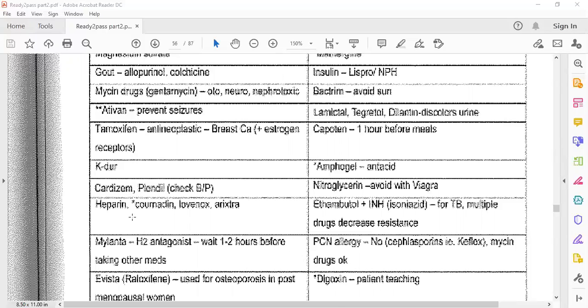So heparin, Coumadin, warfarin, all are anticoagulants. But here, warfarin or Coumadin is an orally prescribed drug mostly used in the outpatient setting, while heparin is an injectable medication typically used in emergency or hospital settings, right?